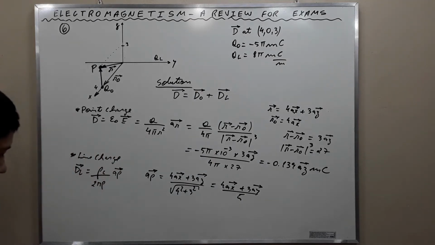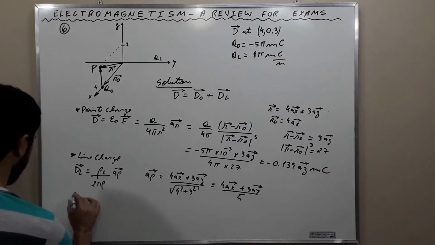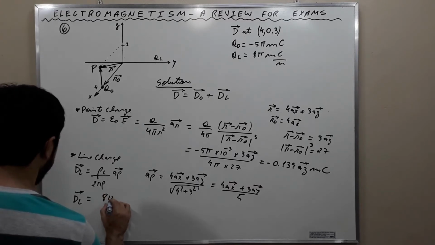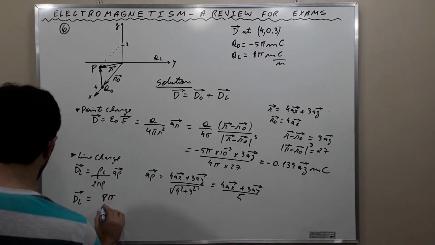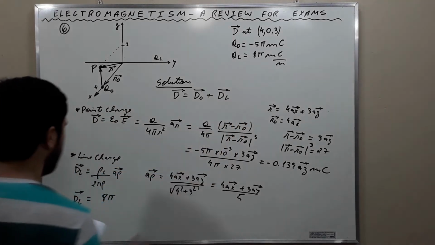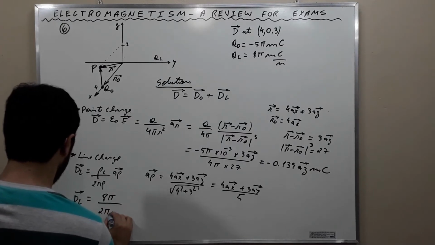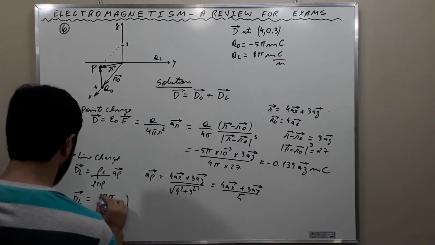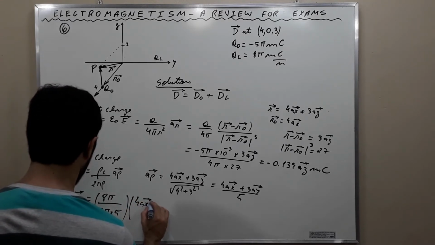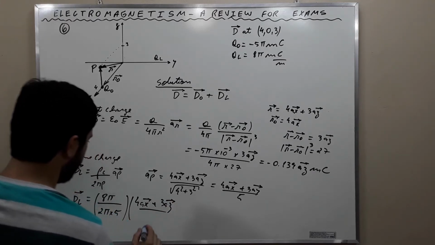And if we develop this, you're going to get that DL is going to be 8 pi, the charge is 8 pi microcoulombs per meter, divided by 2 pi times 5, times 4ax plus 3az divided by 5.